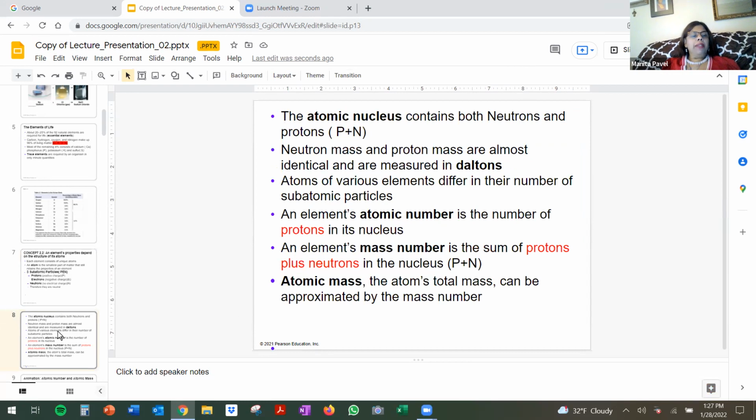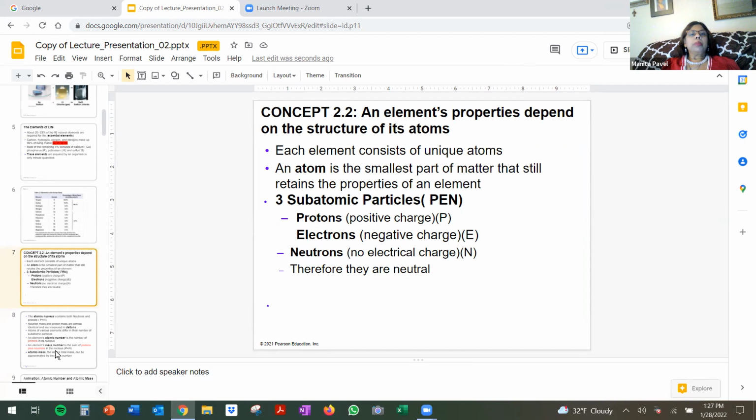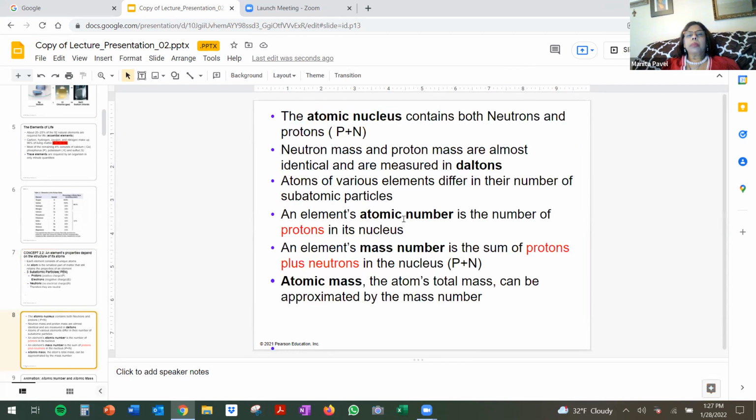So let's go on now to what is present in the center. The center of the atom contains both protons and neutrons. So I've put the formula P plus N. The neutron mass and the proton mass are almost the same.